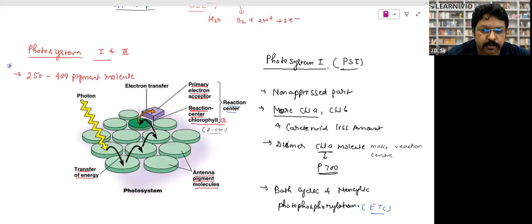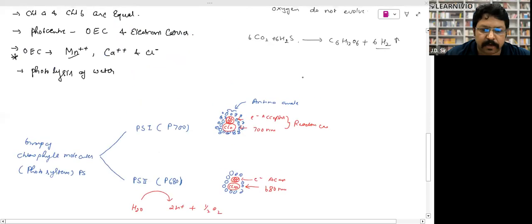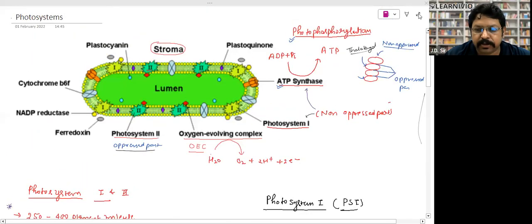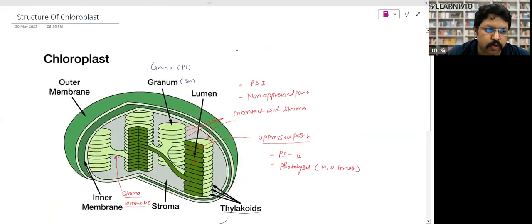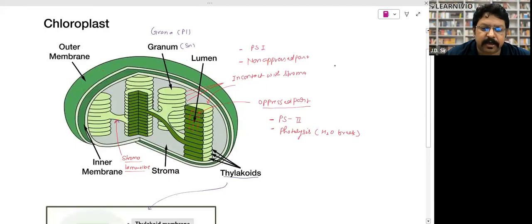So try to understand first what is the appressed part and what is the non-appressed part, because that is more important. In the previous class, I was trying to explain, but look, we'll again discuss the chloroplast.